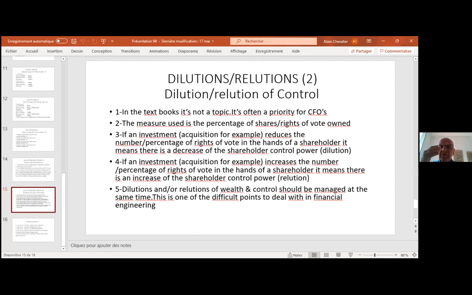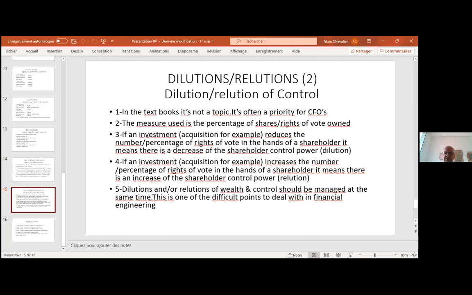And very often when you make large investments, you are obliged to issue new shares. Original shareholders are not always able to bring new cash. There is a dilution of the percentage of rights of vote, a dilution of the power of control.